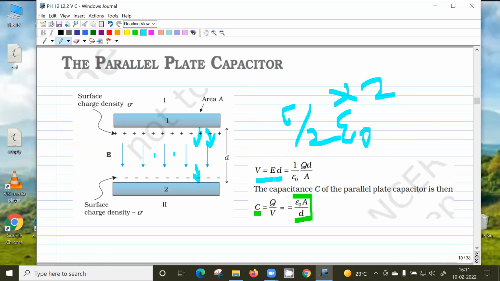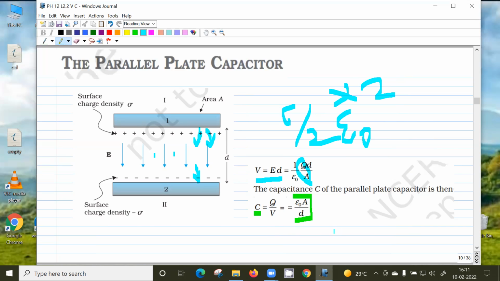So integral dl is just D. So it's a uniform gradient, and the electric field is sigma by epsilon naught, and sigma is Q by A. With sigma by epsilon naught into D, and capacitance is the ratio Q by V. So from this we get the derivation of the parallel plate capacitor: epsilon A by D. All the green ones are formulas which you have to remember. This is for a parallel plate capacitor.